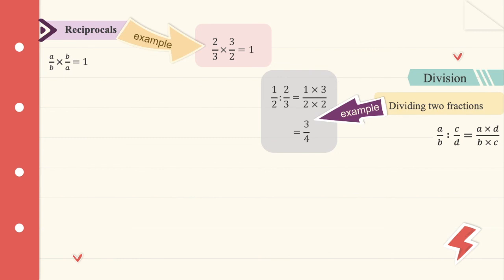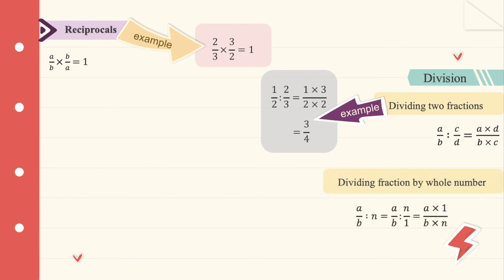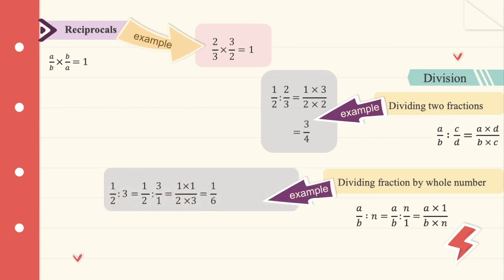And the quotient of this division is 3 over 4. If you want to divide a fraction and a whole number, then do the same thing as in multiplication before, and do the division operation of fractions.